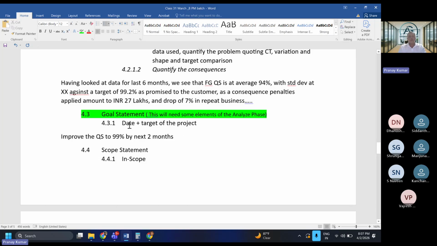But for now, remember that we have to mention the target of the project and the timeline. We started with a finished good quality score project. If you are required to deliver a target of 99%, look at the data and have a statement like: we need to improve the quality score to 99% or above in the next 2-3 months.